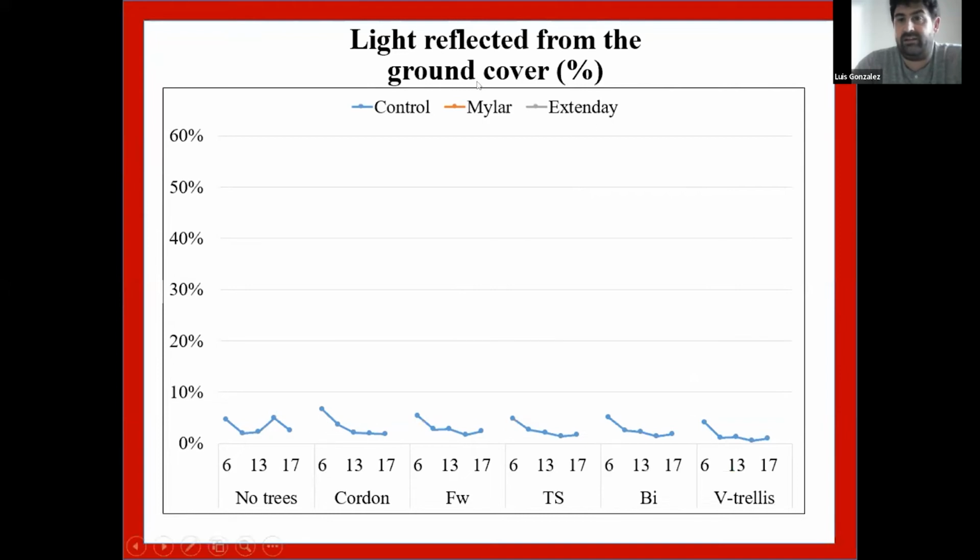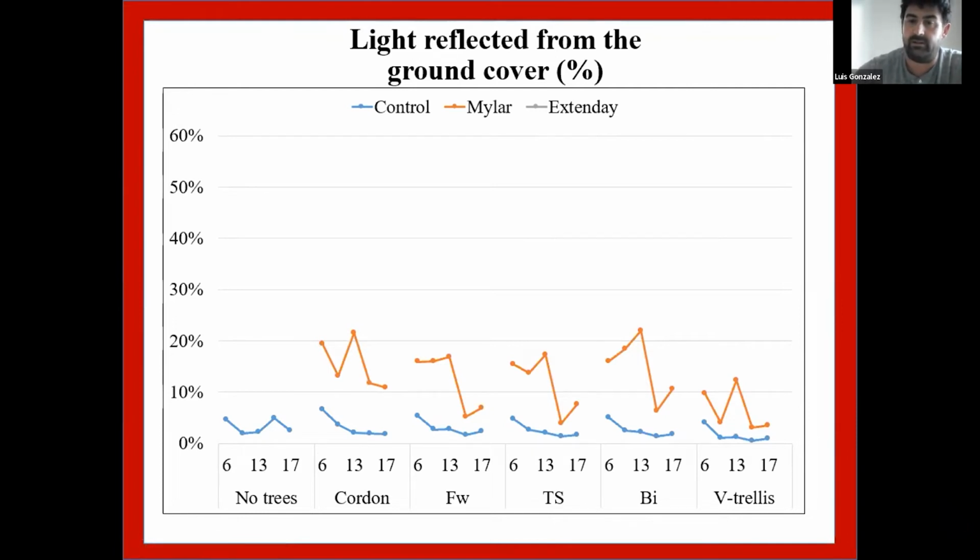This is the light reflected by the ground cover. Of all the light that arrives at the ground cover, this is the quantity that is reflected. The blue line is the control treatment, with lower values. You can see all the treatments have 5% of light reflected because the light is reflected by the weeds. But with Mylar, it increases to between 10 and 20% of light reflected.